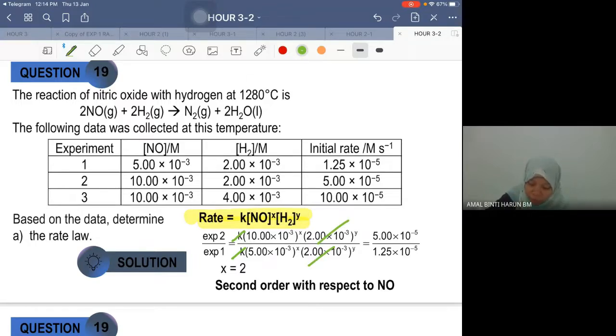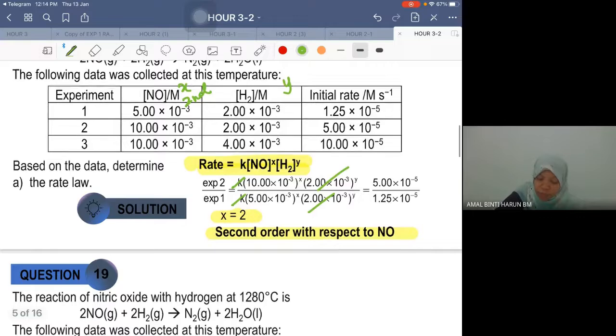X ni untuk ini, X, ini Y. Okay, concentration hydrogen sama. Okay. So the remaining you selesaikanlah sampai sini. So you akan dapat second order respect to NO. So ni adalah second order.